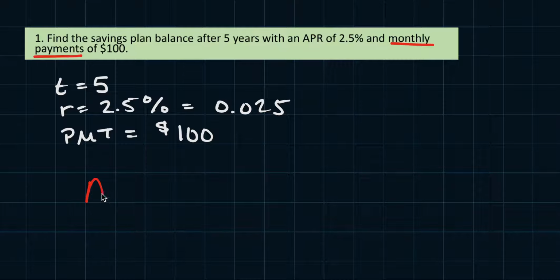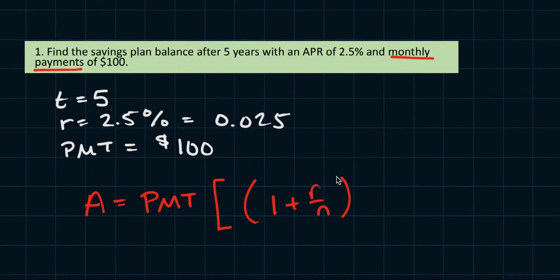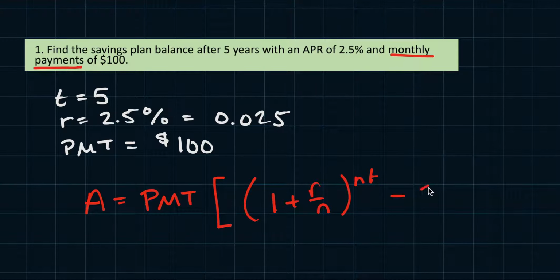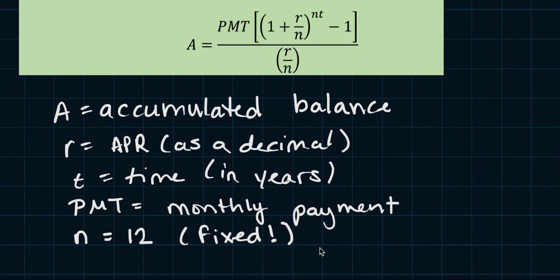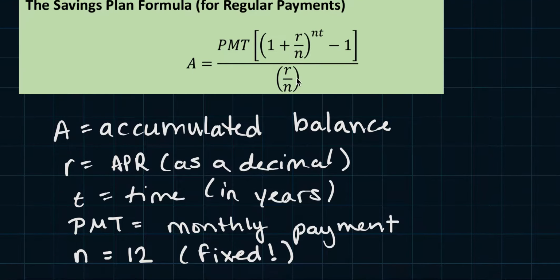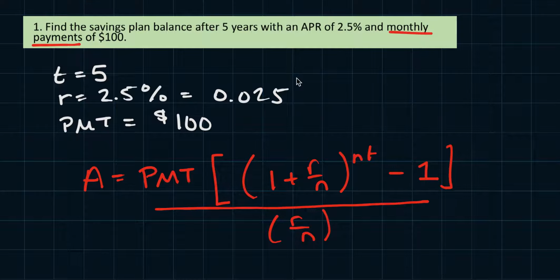So let's write that formula again. A is PMT times (1 plus R over N) to the NT, minus 1, all divided by R over N. Just want to double check one more time. Okay, good. So this is the formula we're going to use. So we just need to put all the important pieces of information in. Payment is $100, so I'm going to put 100 here.